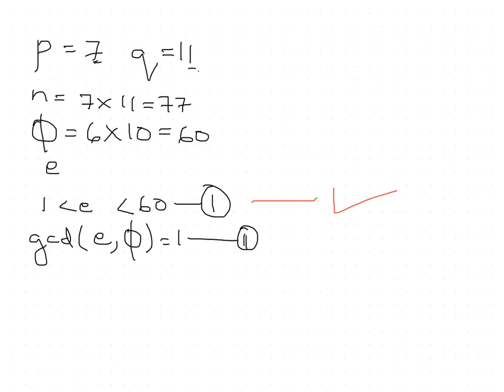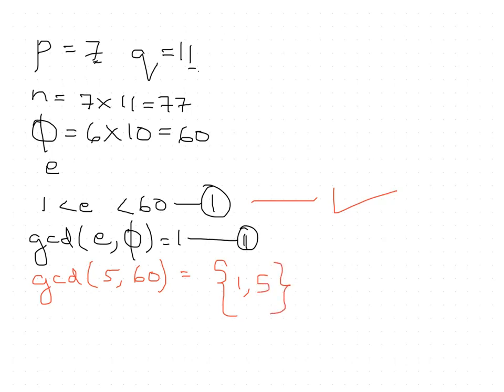Now will it satisfy the second condition? So I'm taking e equivalent to 5 and phi equal to 60. First I'm writing the common divisors only, not the GCD, between 5 and 60. So 1 divides both the numbers 5 and 60. Also 5 divides both the numbers, right?